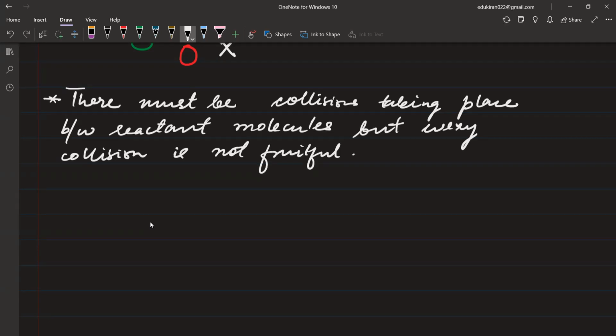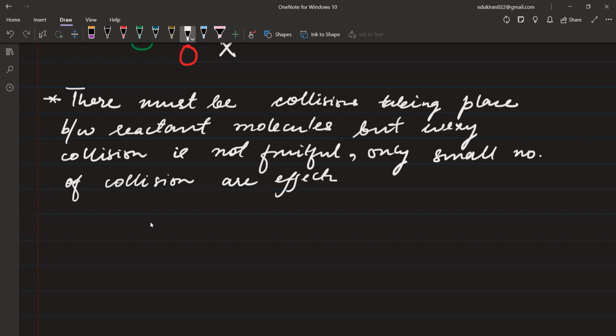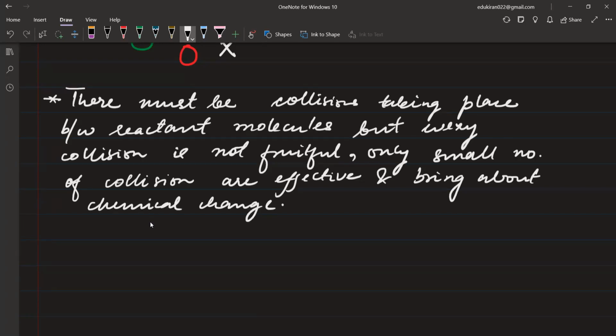Only a small number of collisions are effective and bring about chemical change. Okay, right, next.